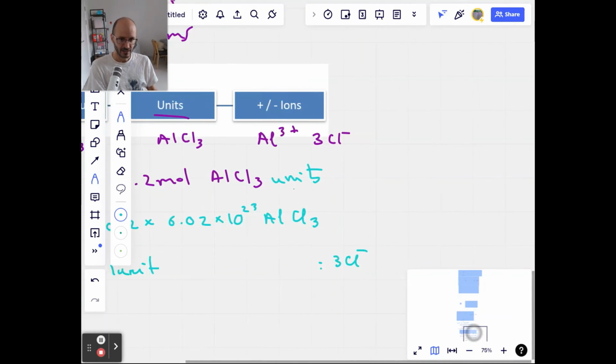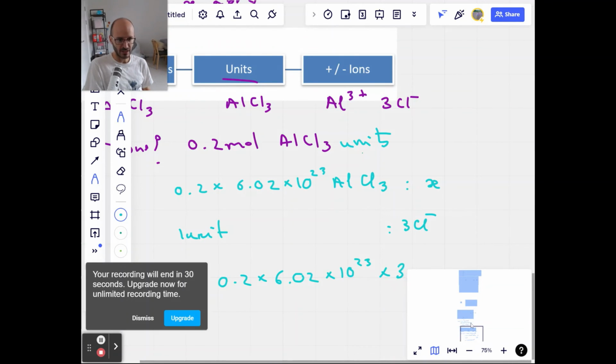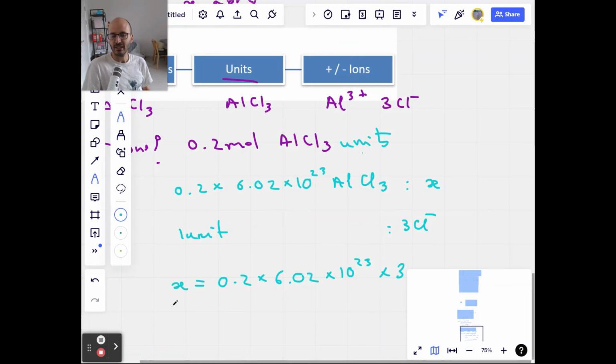And therefore, 0.2 times 6.02 times 10 to the 23 will have x ions. So what you have to do is x, the number of ions, is going to be 0.2 times 6.02 times 10 to the 23 times 3 chloride ions. I hope it makes sense.